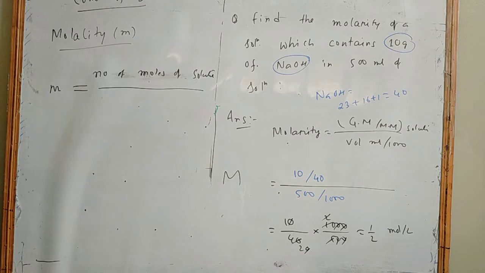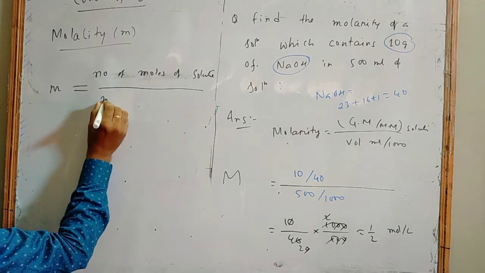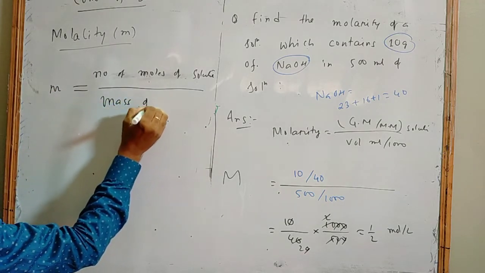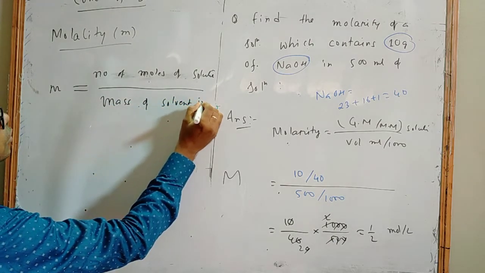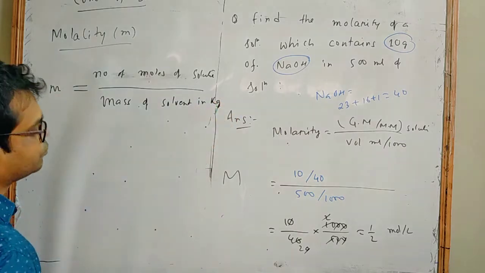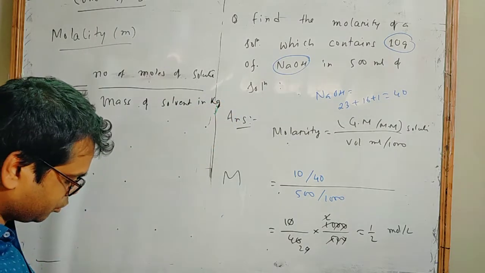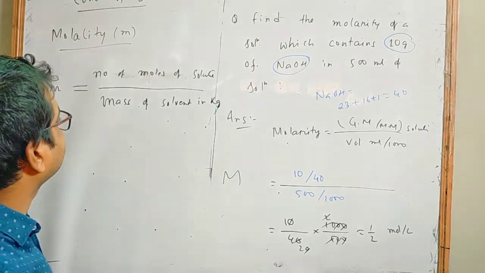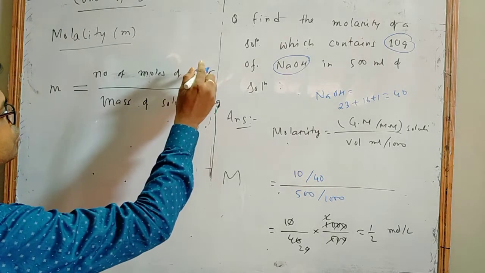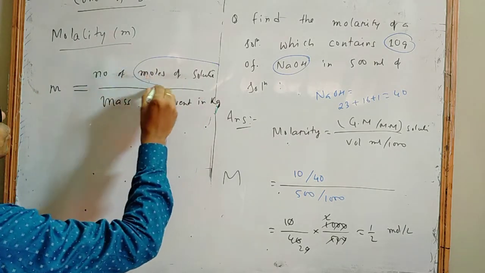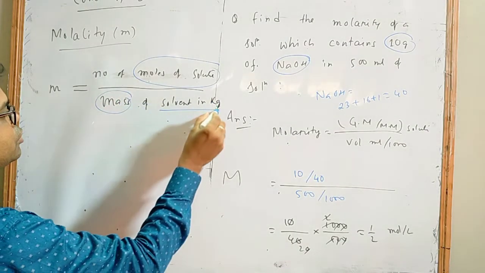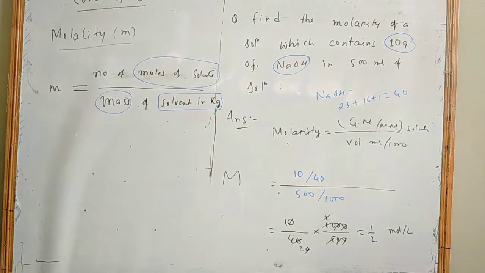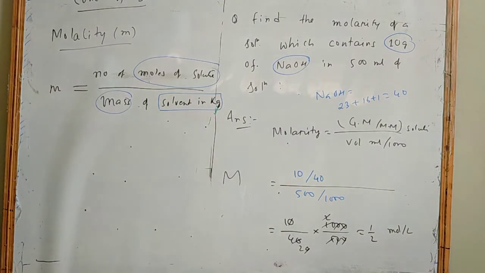Number of moles of solute by mass of solvent in kg. So here you have to remember, number of moles of solute is common in both, but here we have written mass of solvent in kg.